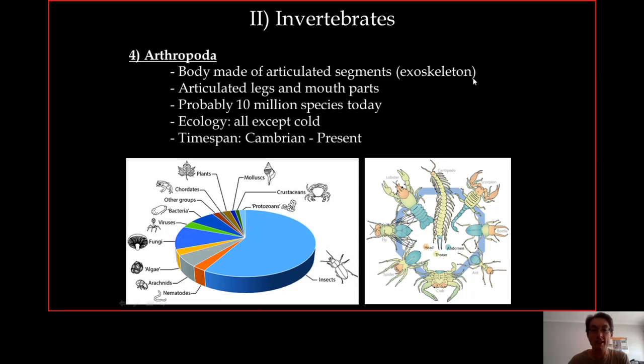So in arthropods, you have an exoskeleton, but this exoskeleton is not one valve or two valves. It's made of many segments that are articulated to each other. So think about your shongololo.